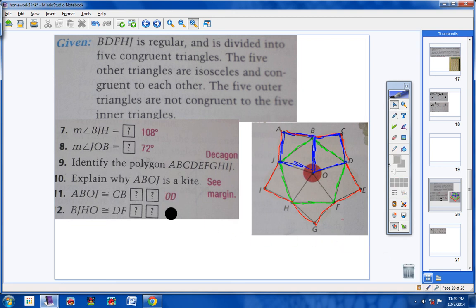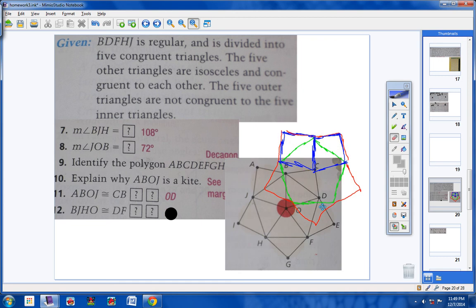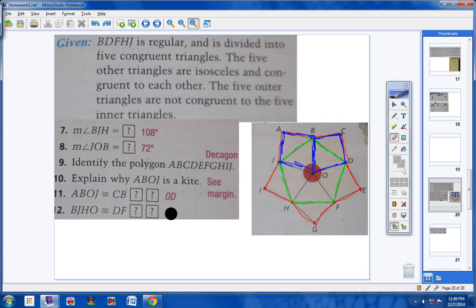Alright, now BJHO. So that polygon there is congruent to polygon DF. So here we go. DFHO. So it should be HO right here. There it is.